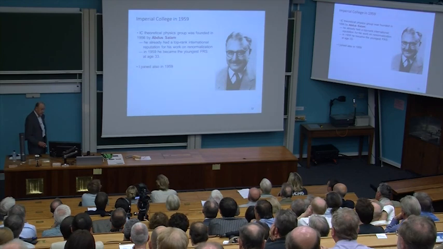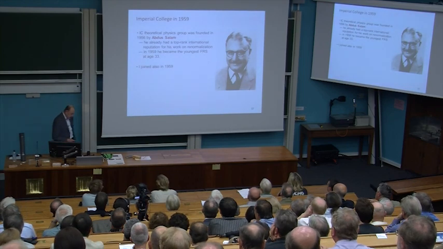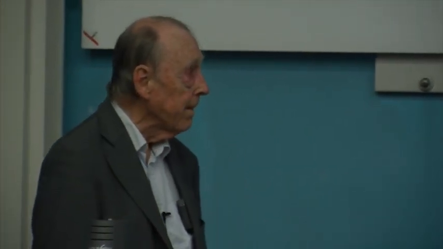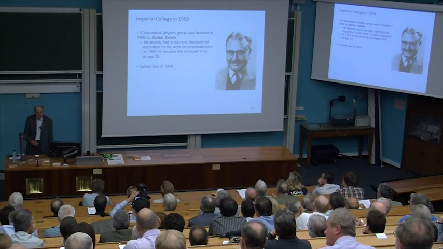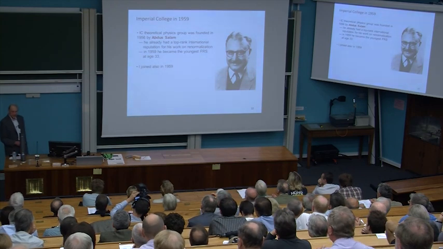He was a really charismatic and enormously talented physicist. He already had a very strong international reputation by the time he came here. In fact, in 1959 also, he became the youngest fellow of the Royal Society at the age of 33. This was a wonderful place to do theoretical physics at that time.